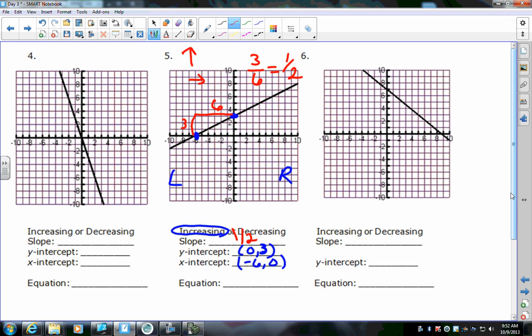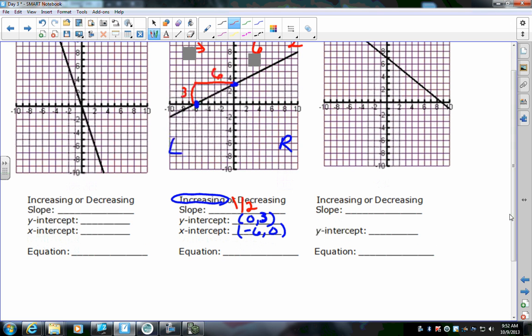But I also want to show you that I can do the slope formula as well. I can use my x and y intercepts as y1 and y2. See, I have (0, 3) and (-6, 0). I can use these as x1, y1, x2, y2 if you can't read your graphs.